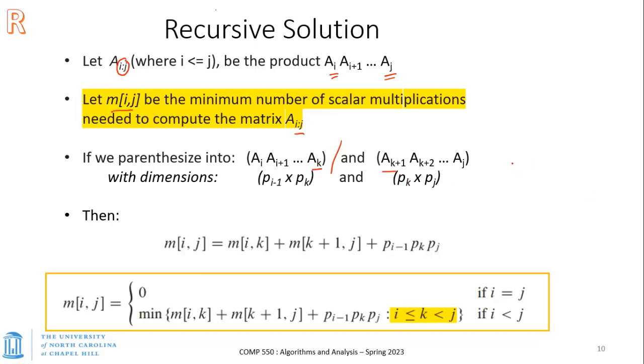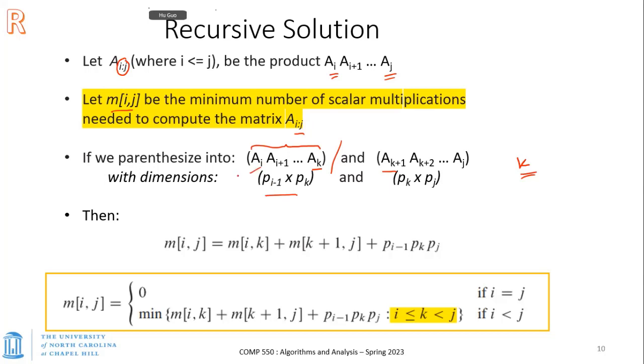Okay, so we select some integer k, and we're going to split up the matrix multiplications into the first half and the second half. The first half comprises all the multiplication of Ai through Ak, and the second half comprises Ak plus 1 through Aj. As you can hopefully see, the end result of this multiplication will have a matrix size of p_{i-1} by p_k.